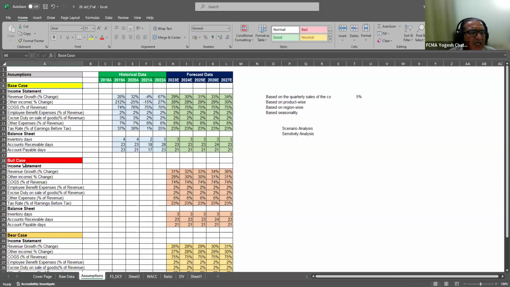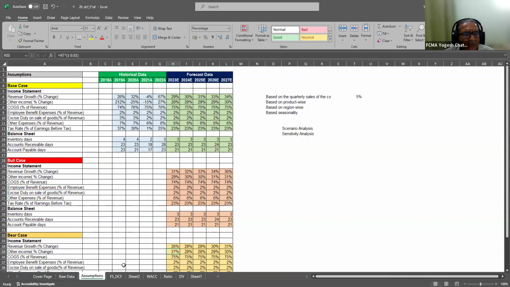Here, as you can see, the base case, bull case, and the bear case. In that, I have taken the revenue growth rate, the other income growth rate, the cost of goods sold as a percentage of revenue, employee benefit expenses again as a percentage of revenue, excise duty on sale as a percentage of revenue, other expenses as a percentage of revenue, tax rate as a percentage of earnings before tax, and then the inventory days, accounts receivable days, and accounts payable days, in 3 different scenarios. The bull case is slightly higher than the base case, and the bear case is slightly lower than the base case.